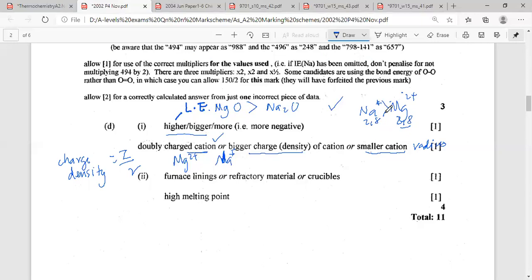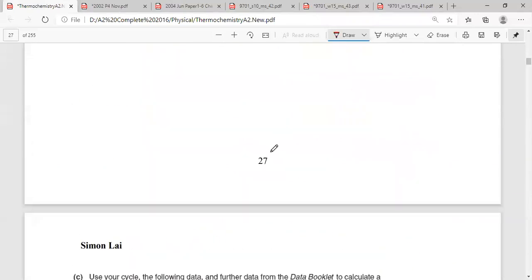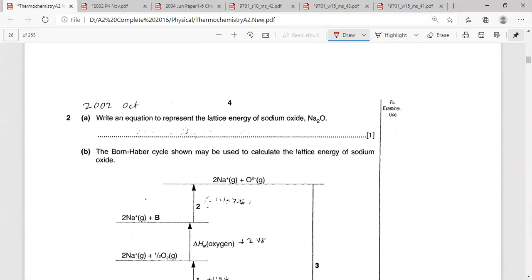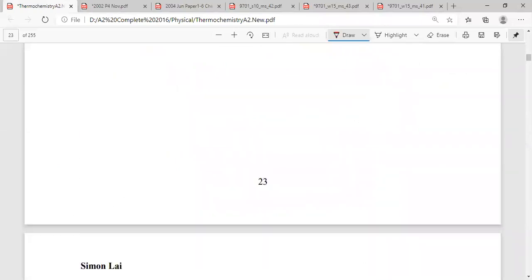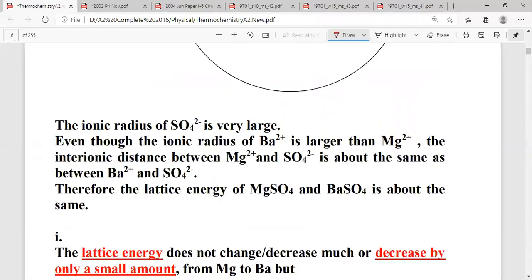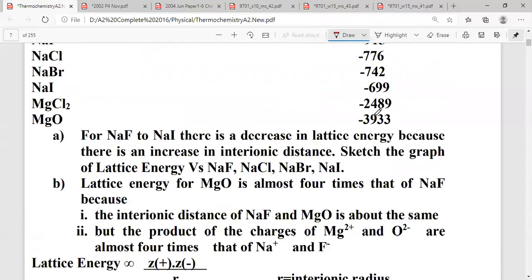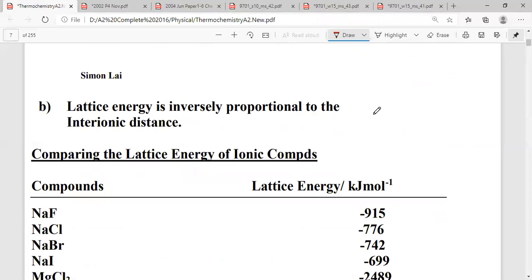I want to take you back to some theory first, okay? So to explain all this, you can see here in the theory, I talk about the perfect ionic compound. What controls the magnitude?